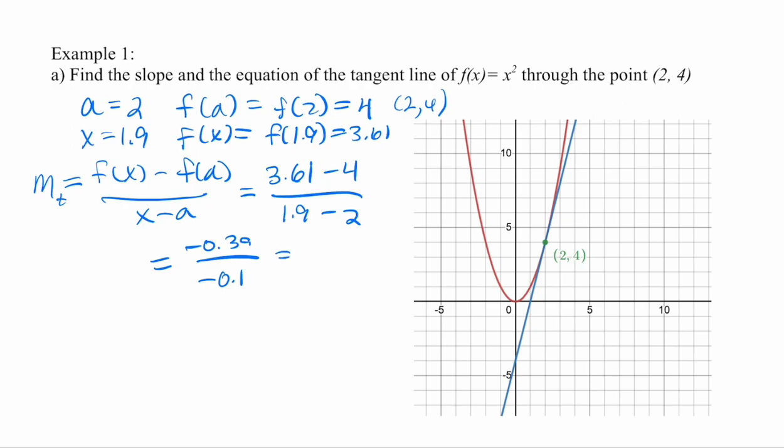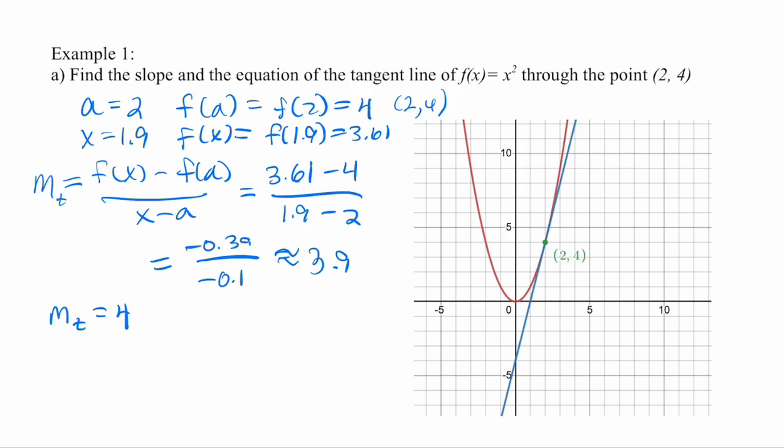The two negatives are going to make a positive. 0.39 divided by 0.1 is about 3.9. That means the slope of the tangent is going to be super, super close to 3.9. Now, what's a number that is super close to 3.9? 4. So odds are, if we knew the exact formula like Mrs. Hott does, we would find that the slope is 4.